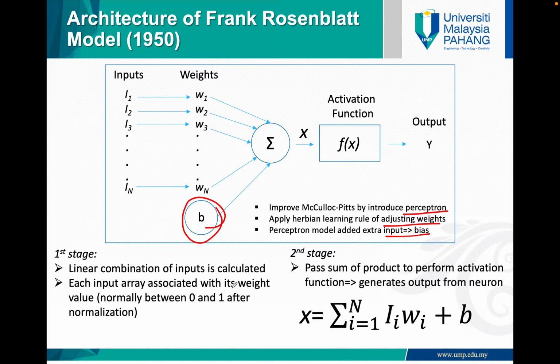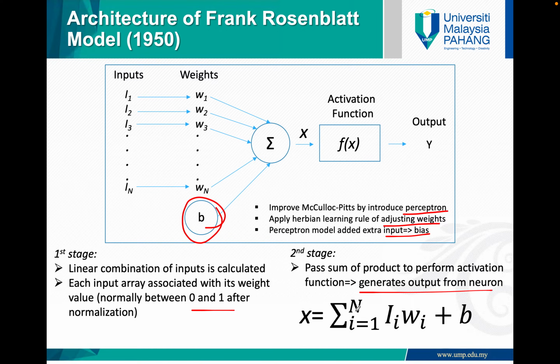Each input is associated with a weight value, normally between 0 and 1 after the normalization. And the second stage is where they pass the sum of products to perform the activation function.